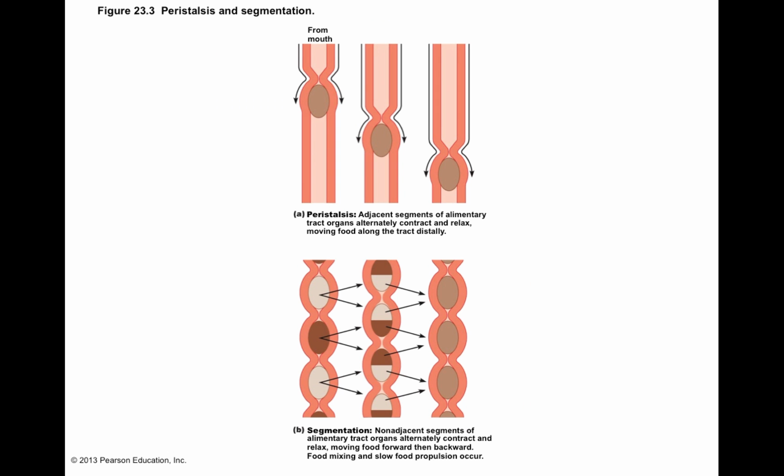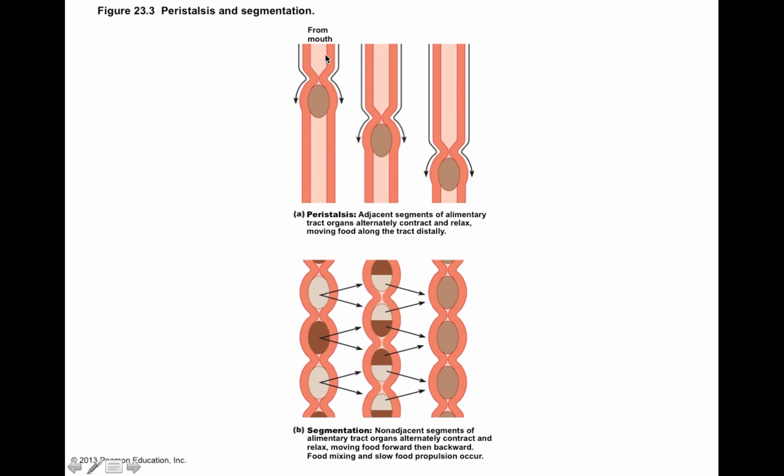So, all right, guys. What this slide is showing are the two types of propulsion. We have what's called peristalsis as well as segmentation. Peristalsis is where we have these muscular waves of contraction that essentially force digestive content in a particular direction.